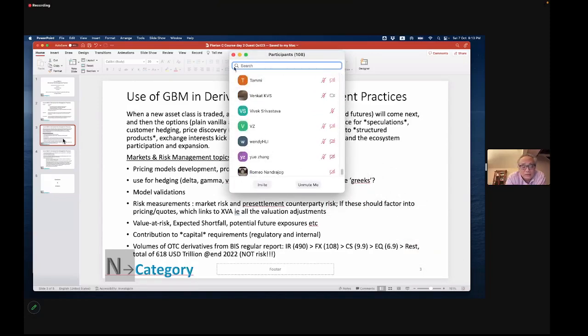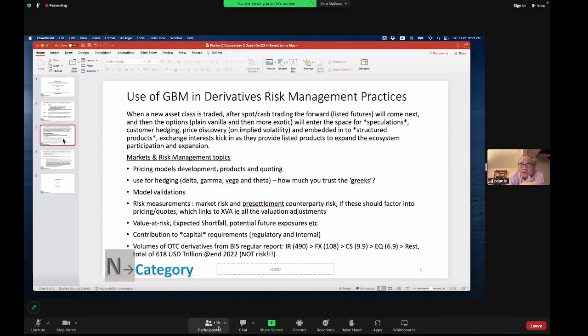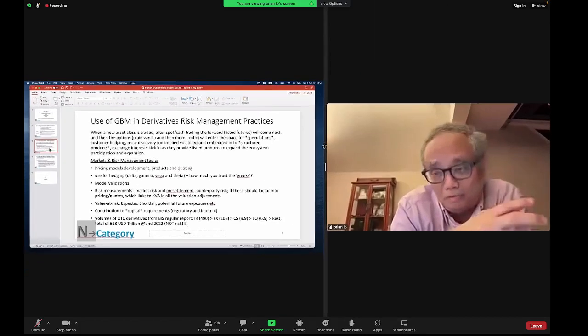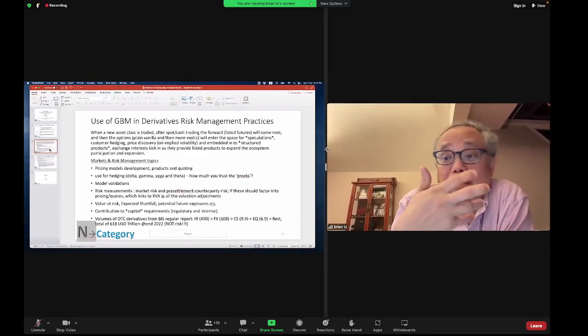On top of that, financial engineering allowed packaging of these components into structured products: FX structured products, equity structured products, credit structured products.